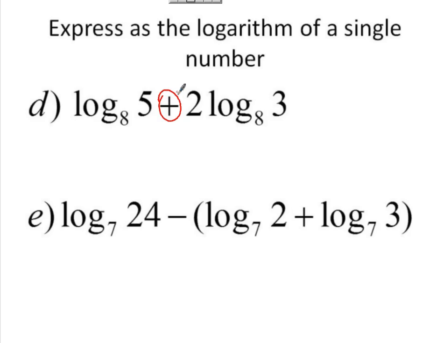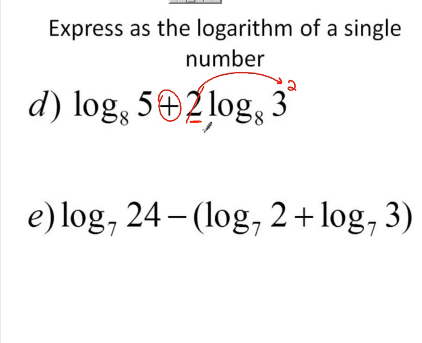But before I do that, I might want to take note of any numbers that are sitting in front of logarithms, because I know those numbers get there because originally they were powers, right? This 2 in front, I could bump that back up. That's always the first thing I do on these problems. If there's a number sitting in front of a logarithm, bump it up as a power.